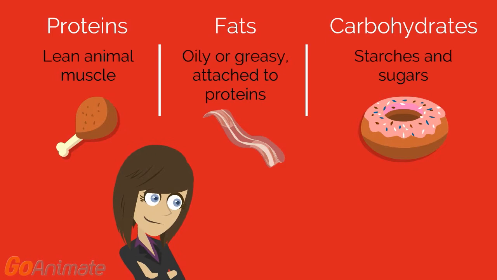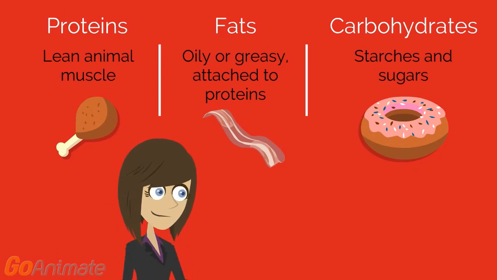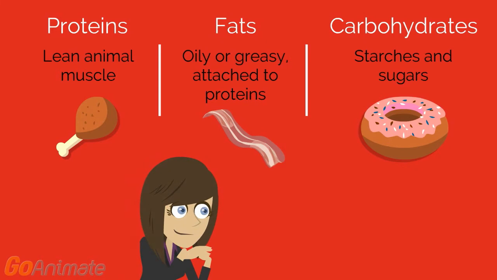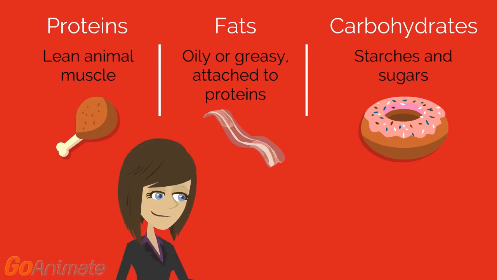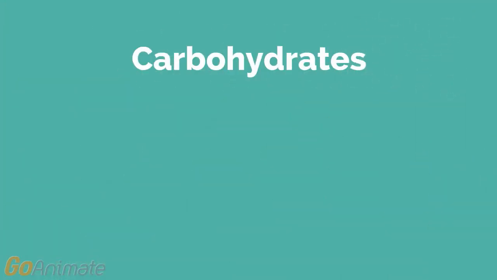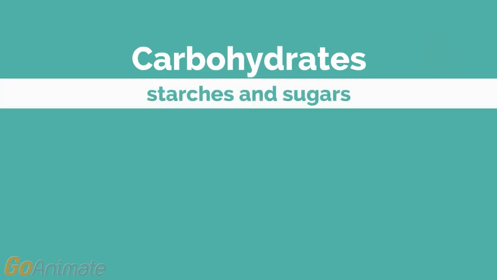So of the three food categories, carbohydrates are the main issue with carnivores. A carbohydrate, the grouping carbohydrate, is made up of starches and sugars. Carbohydrates, when converted to sugars, are a natural source of energy.